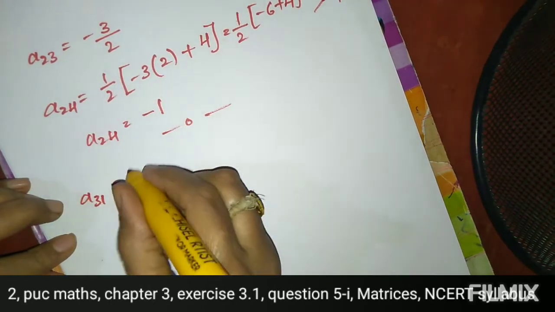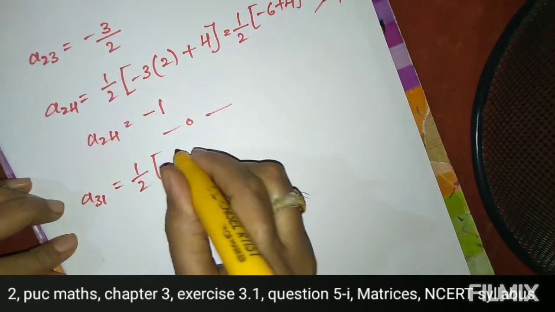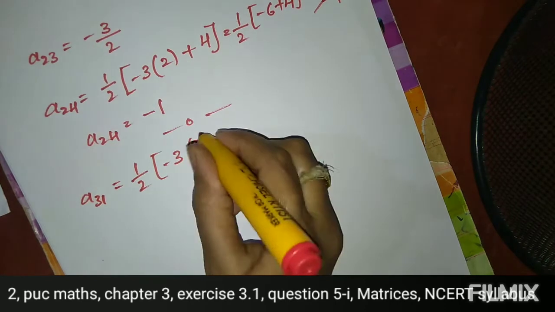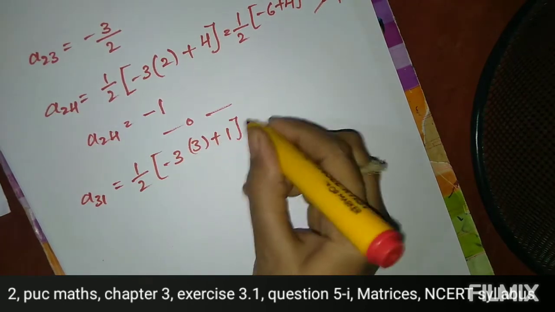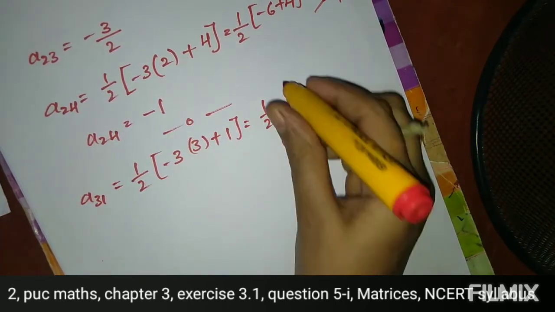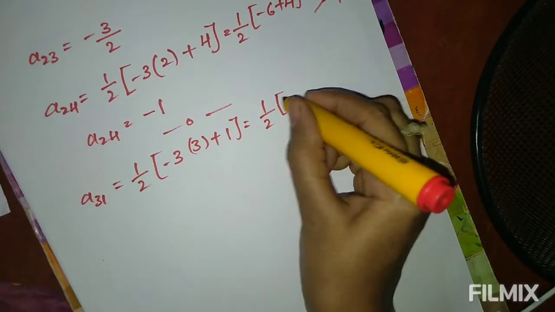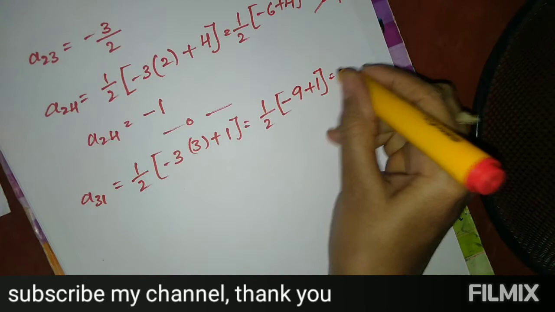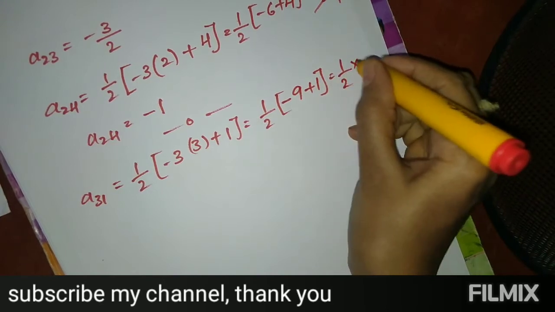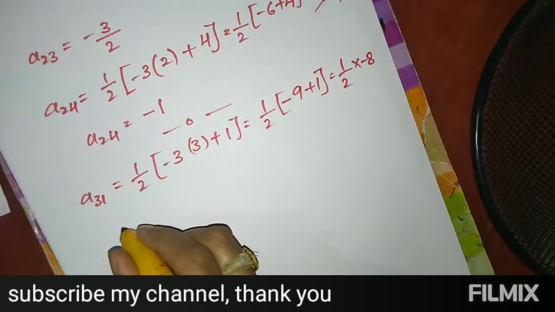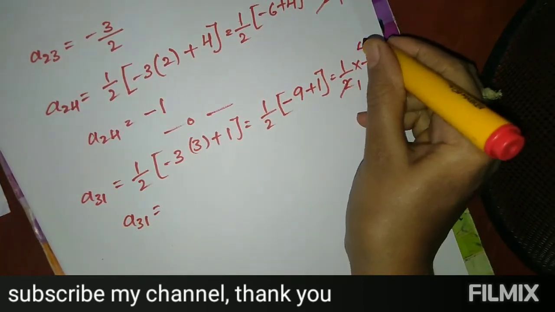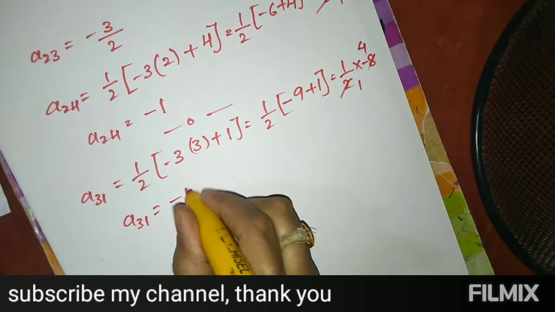And then A31 = half into |−9 + 1| = half into 8. Then A31 is 4.